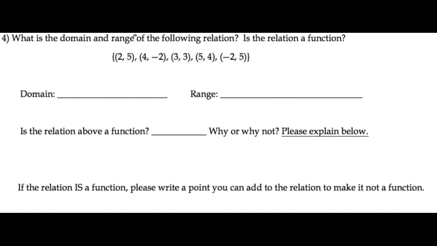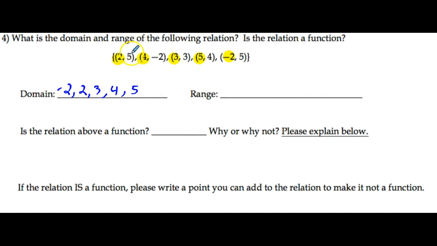So in this relation, the domain is all of the x values, the 2, the 4, the 3, the 5, and the negative 2, in order from smallest to largest. So our domain will be negative 2, 2, 3, 4, 5.